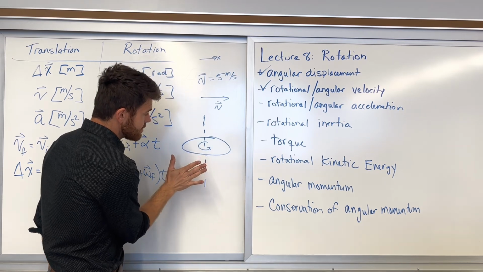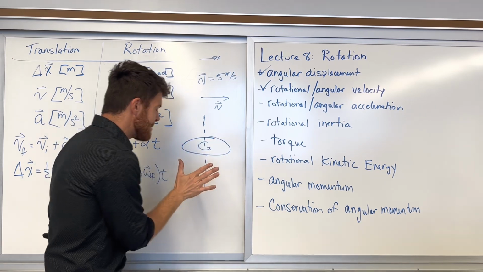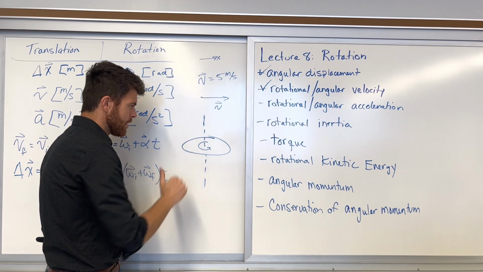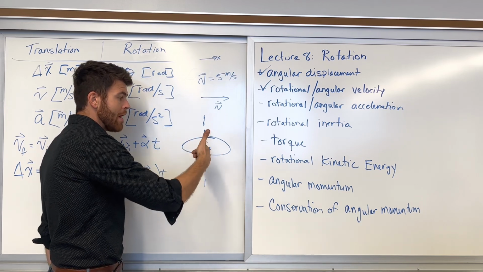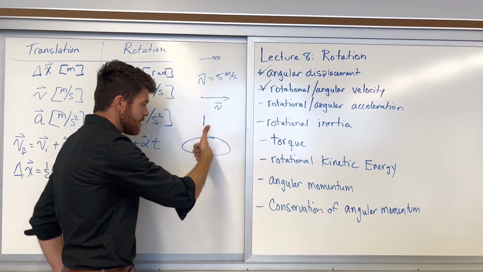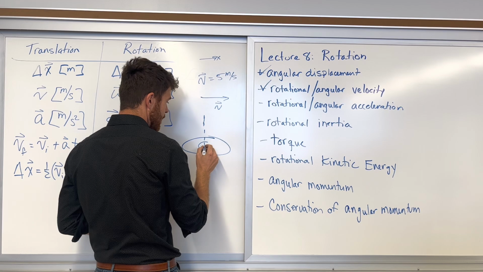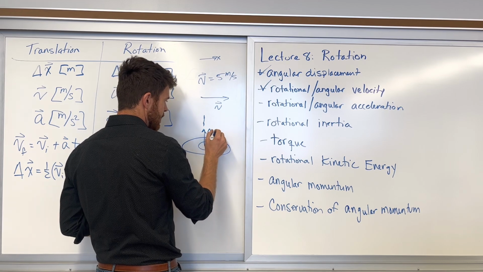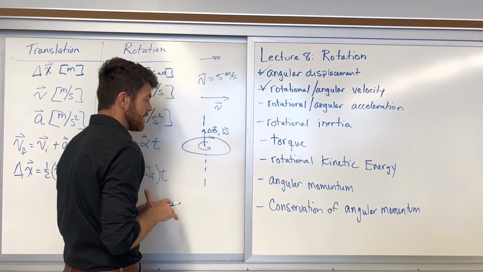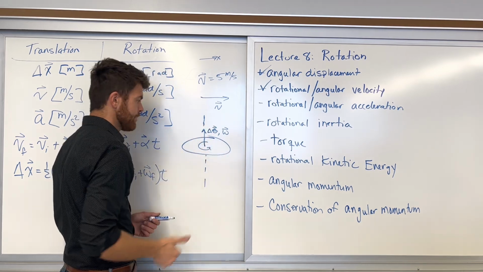So since the object is rotating around it this way, my fingers are going to wrap around it that way. And whatever direction your thumb points on your right hand is the direction that the vector should be. So the angular displacement is in this direction, and so is the angular velocity, because it's rotating in that way.